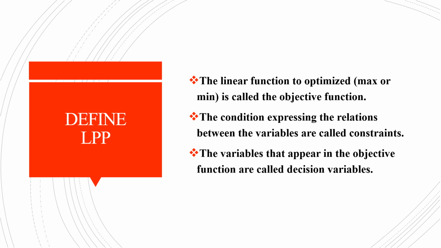The general LPP calls for optimizing, maximizing or minimizing, a linear function of the variables, which is called the objective function.